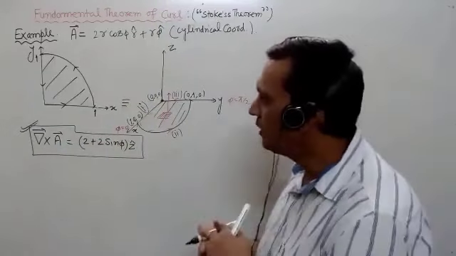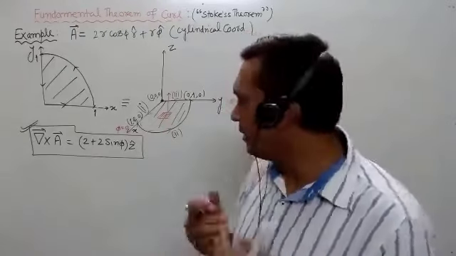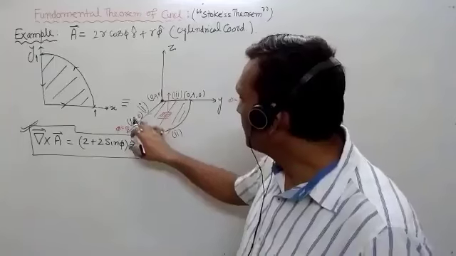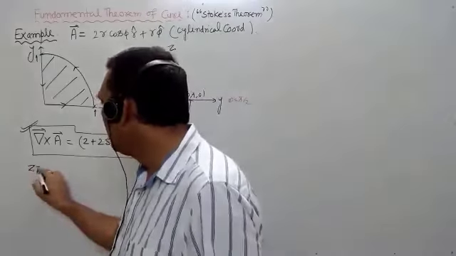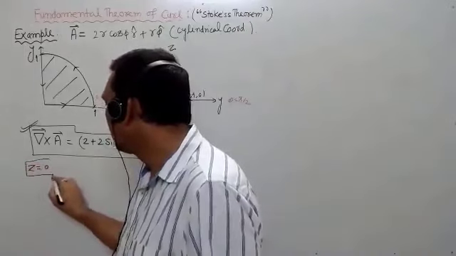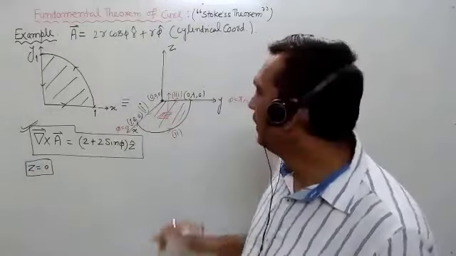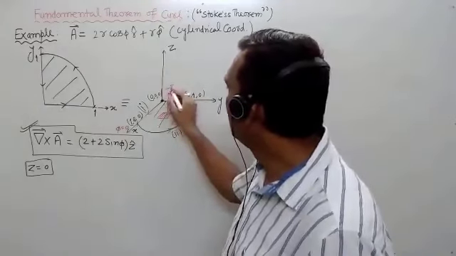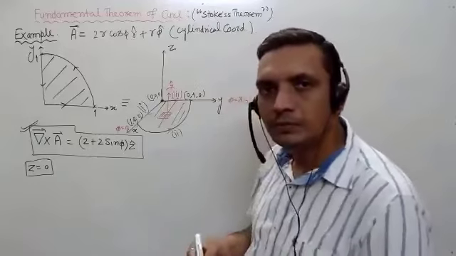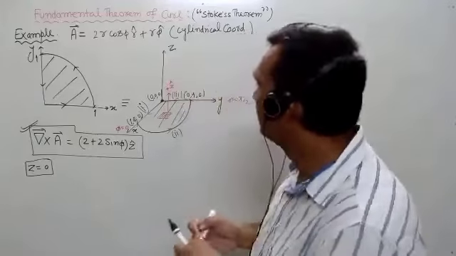Now you have to see everything in cylindrical symmetry, so the parameters are r, phi, z. In this case, this is the z equal to 0 plane. So what will be the direction of dA? Not minus z cap, this is plus z cap.